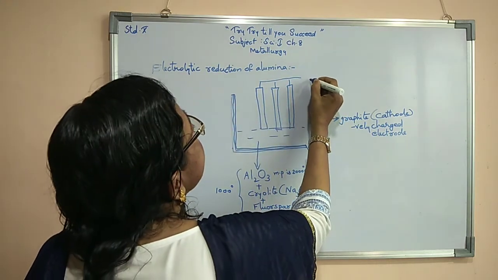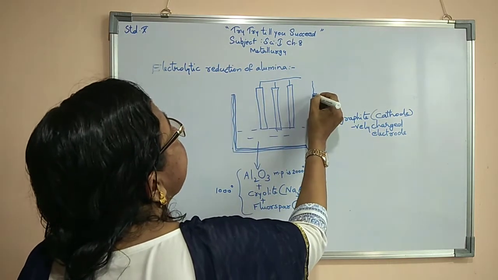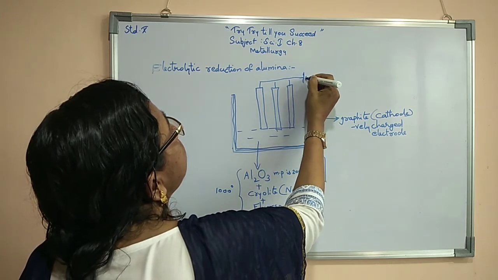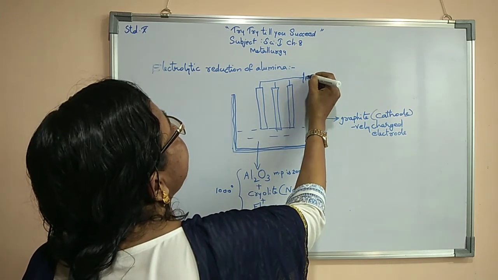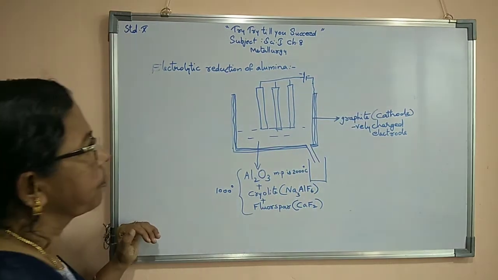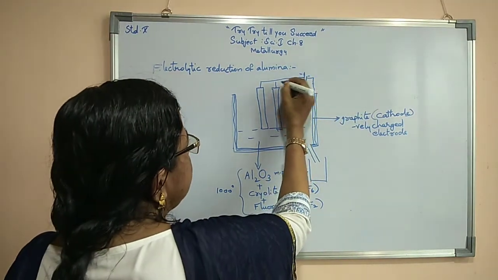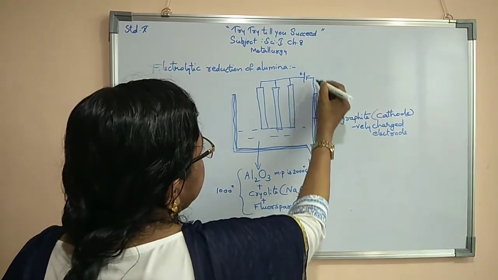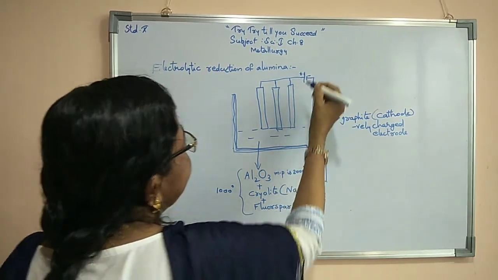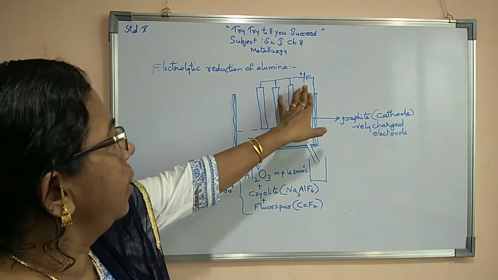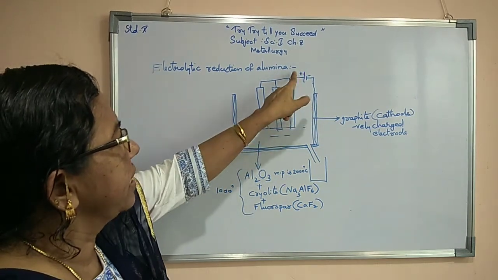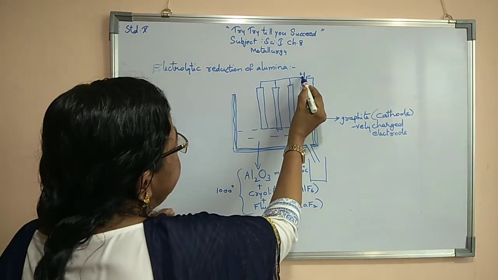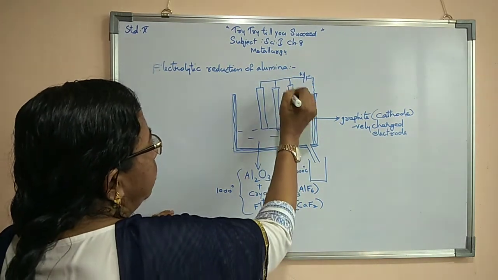Now we connect the cathode as well as the anode with the positive and negative terminals of the battery. This small line represents the negative terminal of the cell, the big line represents the positive terminal of the cell. This is connected to the electrodes.